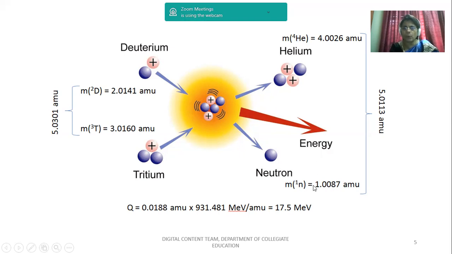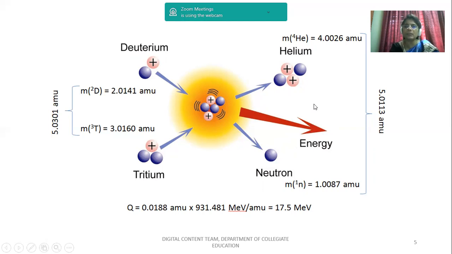Along with these two product elements, there will be a release of enormous energy. The sum of the product masses is 5.0113 AMU. If you compare the masses of reactants and products, there is a mass difference, appearing as a decrease in mass on the product side.